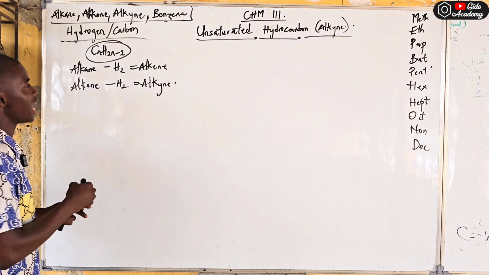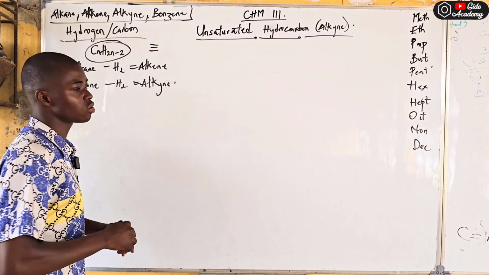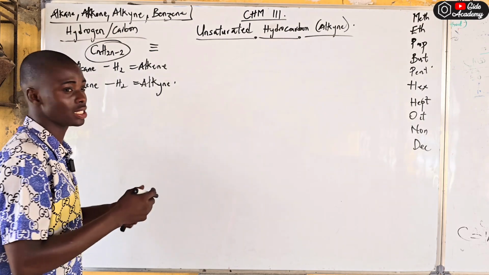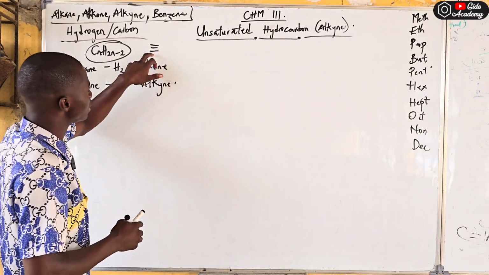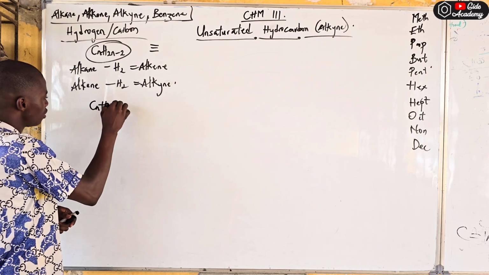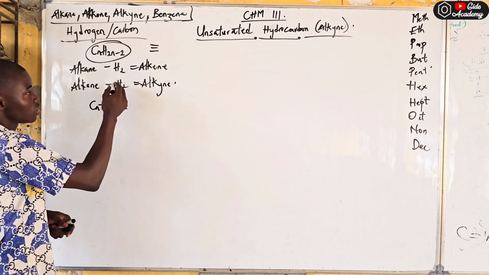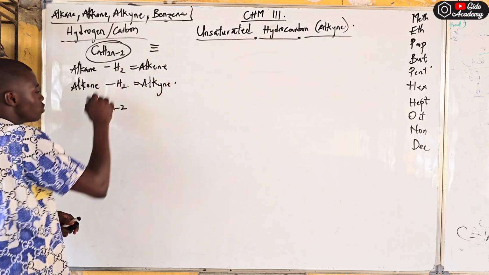So therefore, alkynes have a triple bond between 2 carbon atoms. So they start with carbon 2, and there is always a triple bond in the structure. For example, with CnH2n minus 2, you cannot start with 1 because it has a triple bond between 2 carbon atoms.